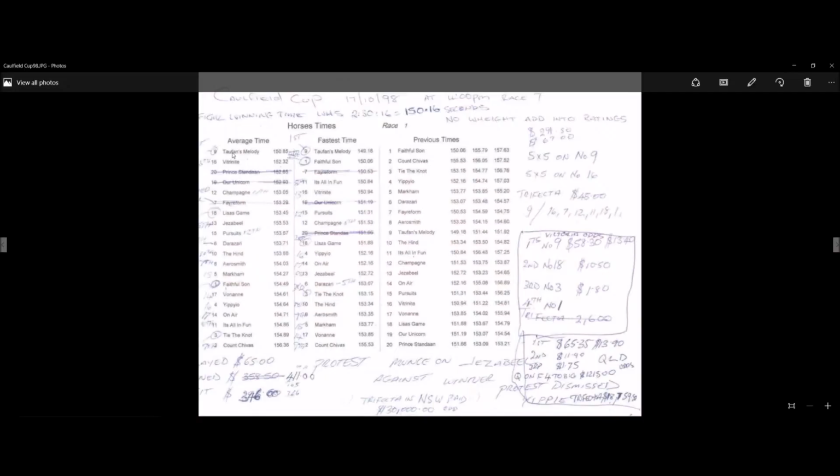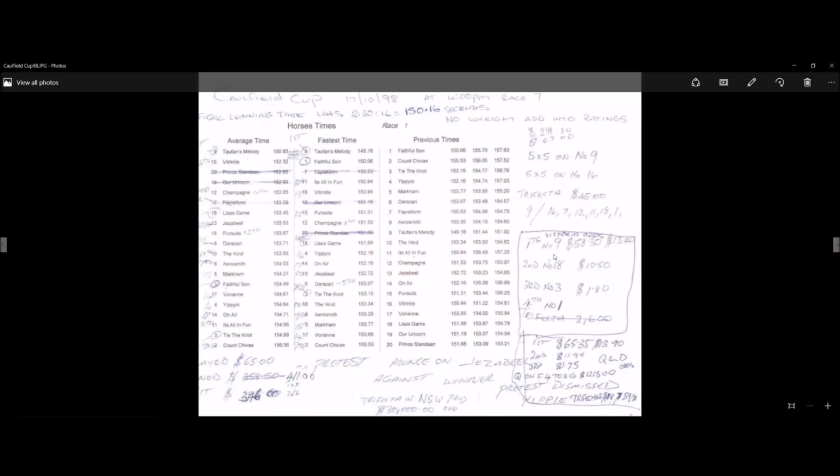Torfin's Melody won, paid $65. The time, see the time of the race? Look at the time my horse program had it at. 150.85, 150.16.